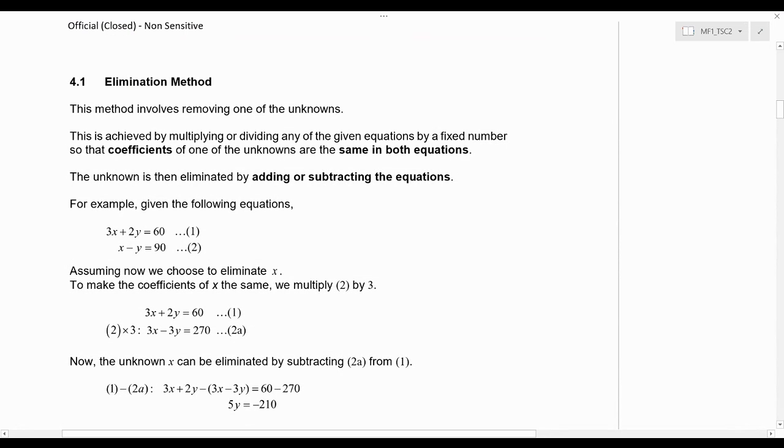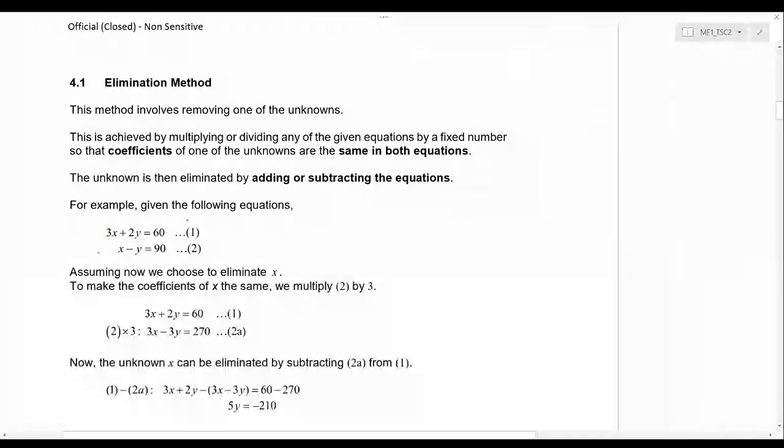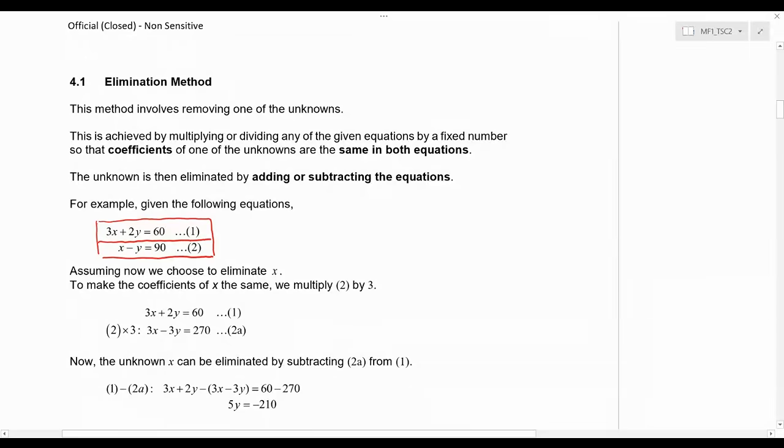We have two equations here, respectively labeled as equation 1 and equation 2. The first equation is 3x plus 2y equals 60. That's my first equation. The second equation is x minus y equals 90.